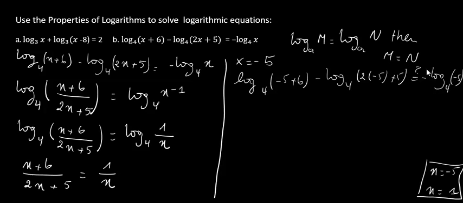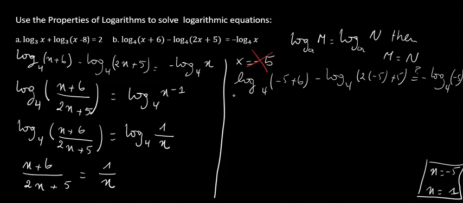I see here I have a log of a negative number. As I said before, we cannot evaluate a log of a negative number, which means x equal to minus 5 is excluded from the solution. Okay, I'm just gonna write here x equal to minus 5 is excluded.